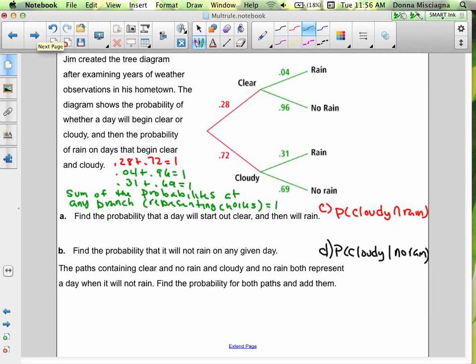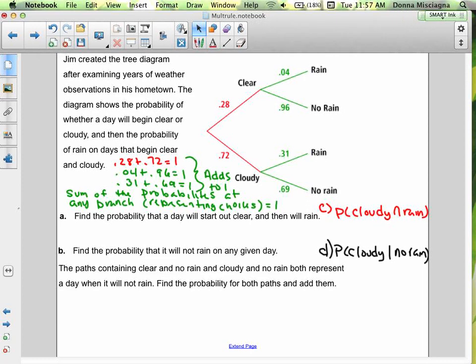Right? So our choices are clear or cloudy. Once we choose clear, our choices are rain or no rain. If we choose cloudy, our choices are rain or no rain. Notice that any one of those adds to 1. Any one adds to 1. So I thought that's something important to note. That'll really help us when we're making a tree diagram.